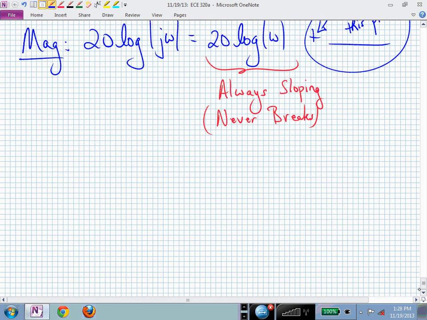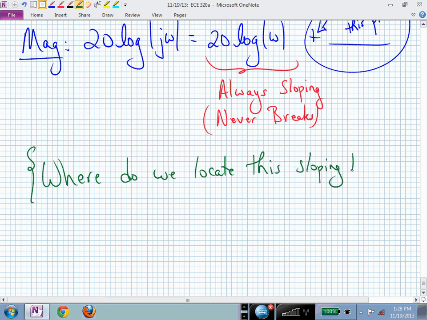So the question that I'm trying to get us to think about is the following. Where do we place this line that's always sloping? Where do we locate this sloping line?